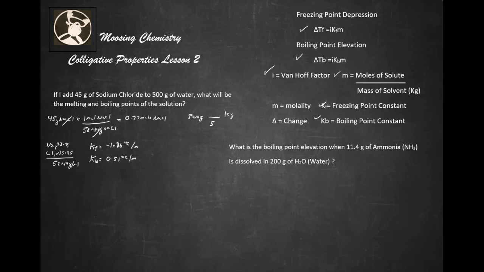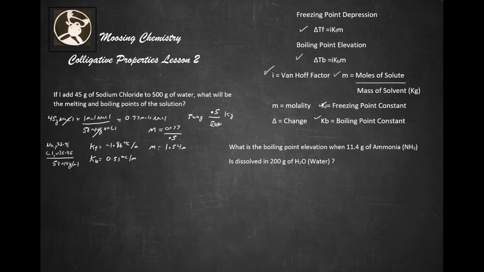So you're going to go 500, and you're going to go 1, 2, 3, and that's going to give me 0.5 kilograms of water. Now we can do our molality. So we take m equals 0.77, using our molality formula, divided by our 0.5 for our kilograms, and our m value is now going to give us approximately 1.544 molal.